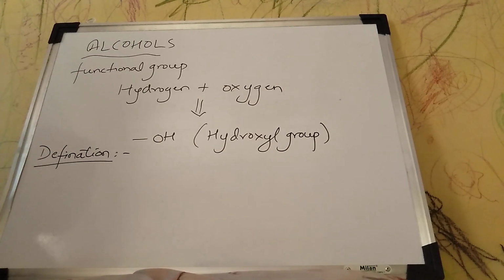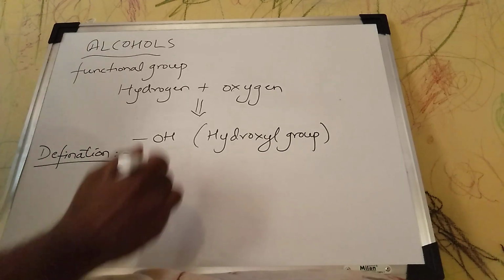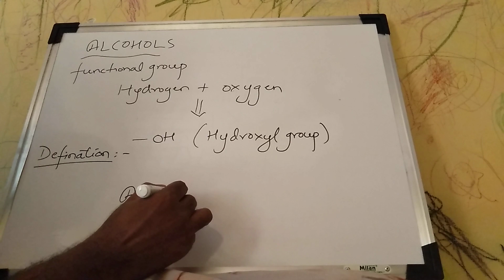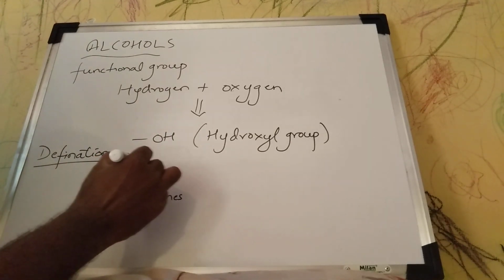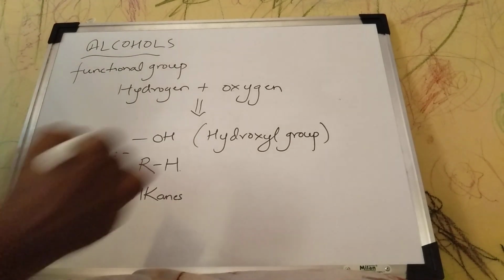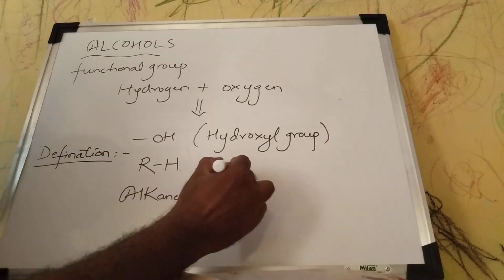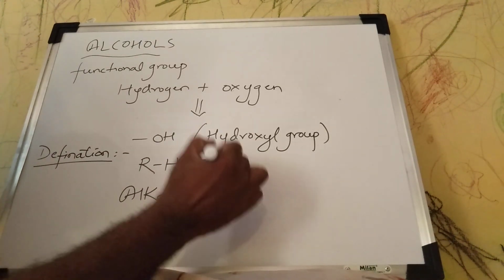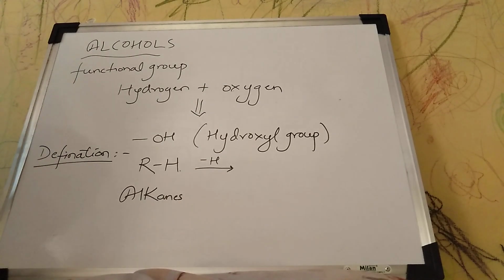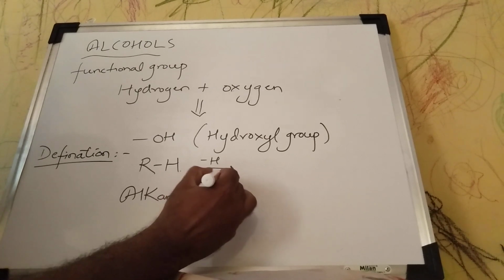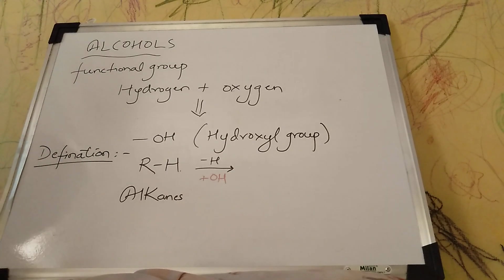As such, it is obtained from alkanes. Now alkanes are generally represented as R-H. In this, you remove hydrogen from the alkane and add an OH.